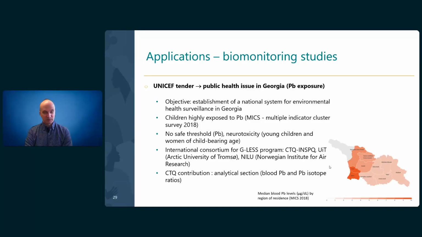And so we jumped in with collaborators in Norway. We joined an international consortium with the Norwegian Institute of Air Research, as well as the Arctic University of Tromsø in Norway. Our contribution was mainly the analytical section, so everything related to blood analysis and blood isotope ratio as well.